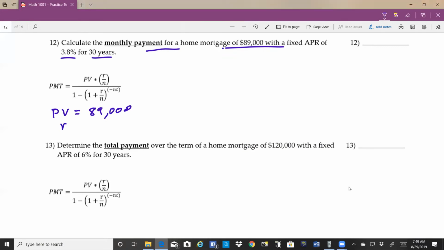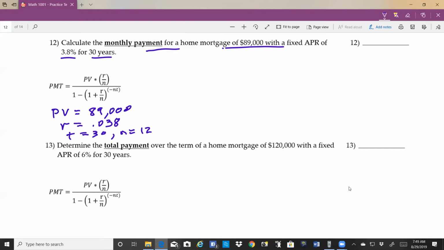The interest rate is 0.038. The time is 30 years. And number of payments is 12 per year.